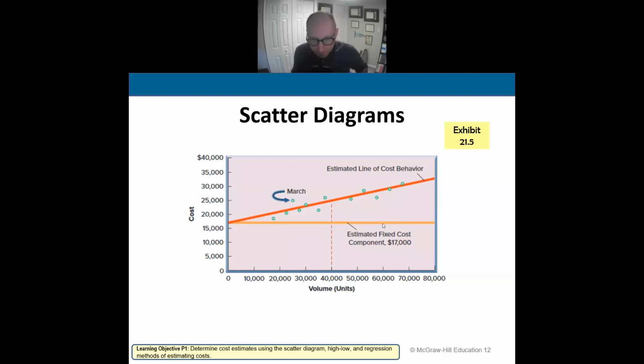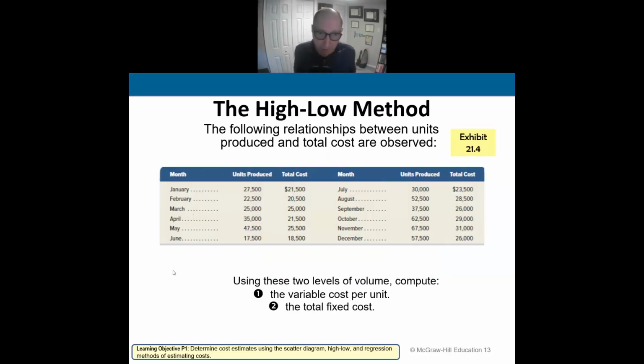That's the purpose of looking at something like a scatter diagram, to estimate cost from a graphic perspective. Now again, don't read too much into this. It's not as important as some of these other methods. Still, it has importance, but it's not as important.